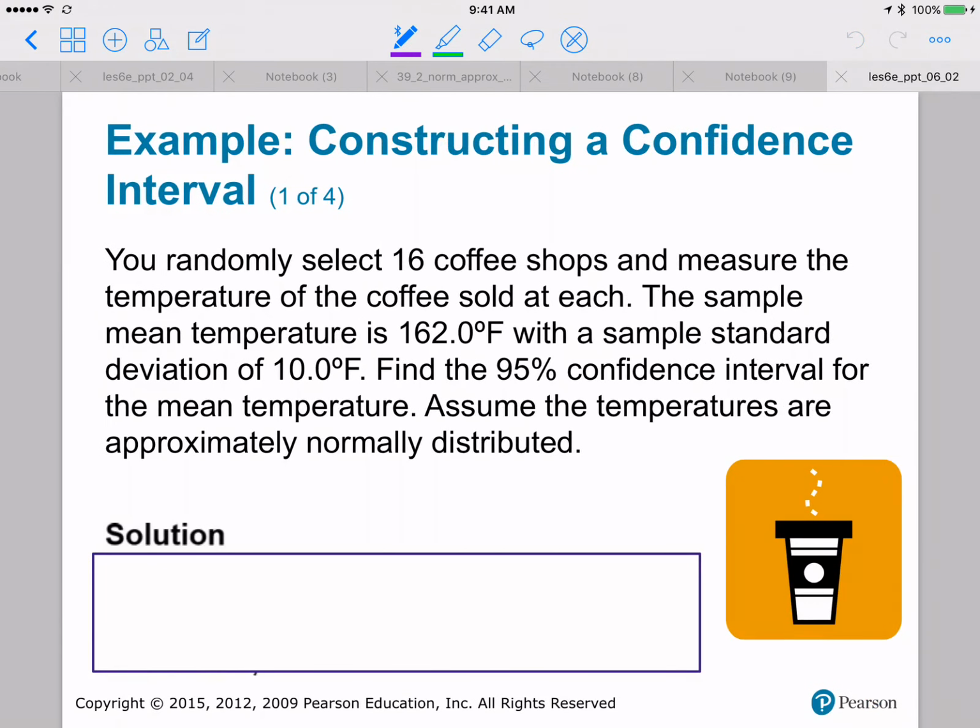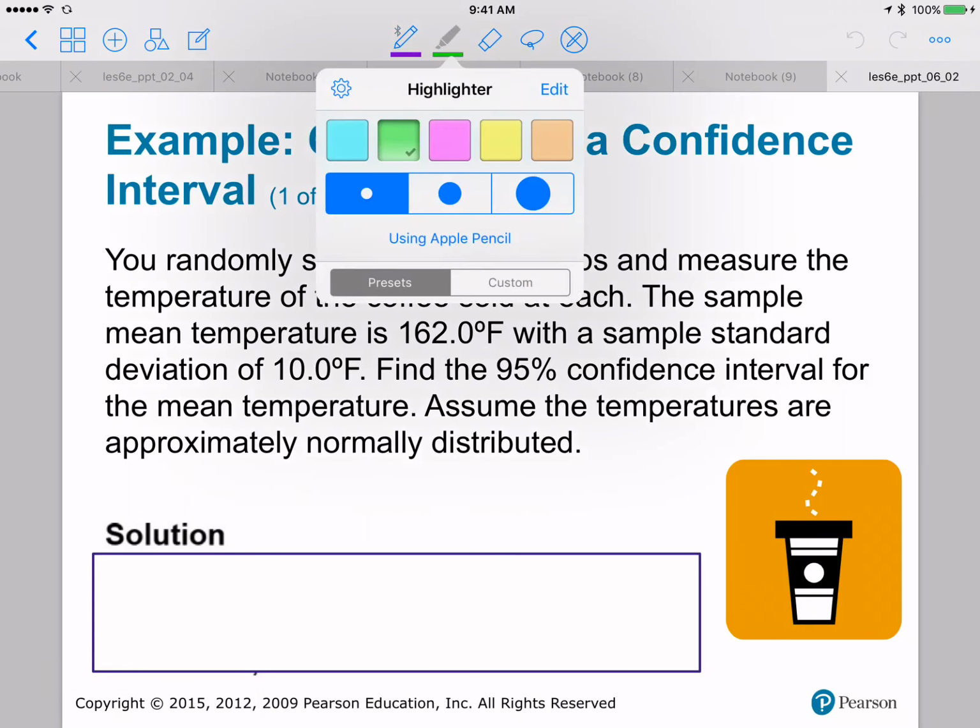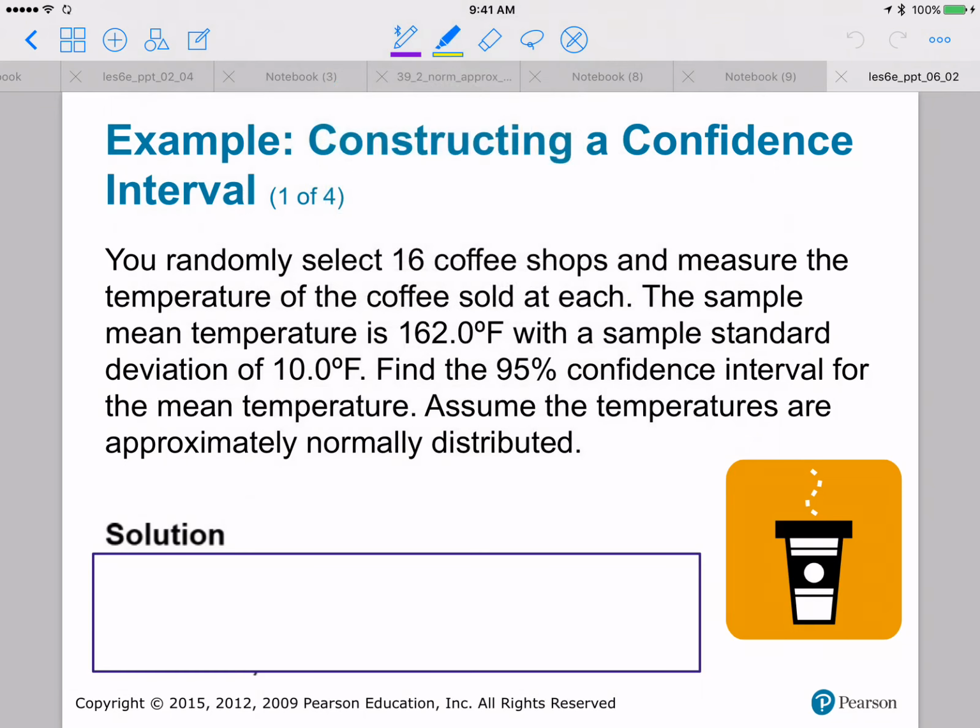So let's do this example here. You randomly select 16 coffee shops and measure the temperature of the coffee sold at each. The sample mean temperature is 162 degrees Fahrenheit with a sample standard deviation of 10 degrees. Okay, so we're already getting some information here. The fact that it's random means you're going to have a random sample, so that's important. 16, that's going to give you your sample size.